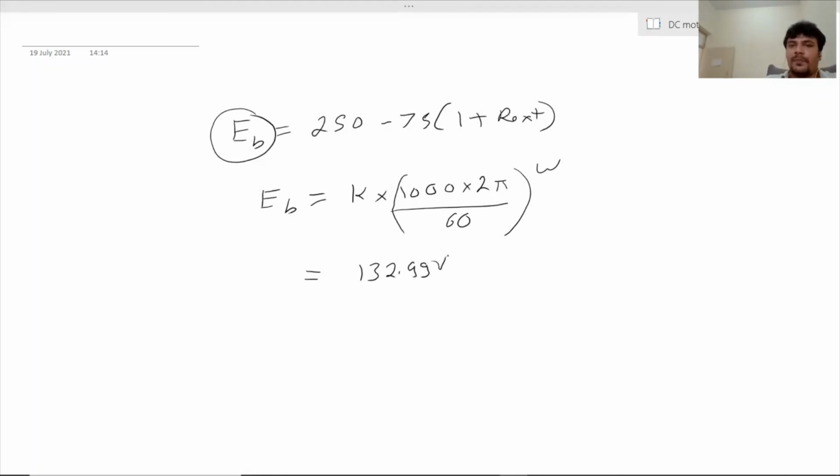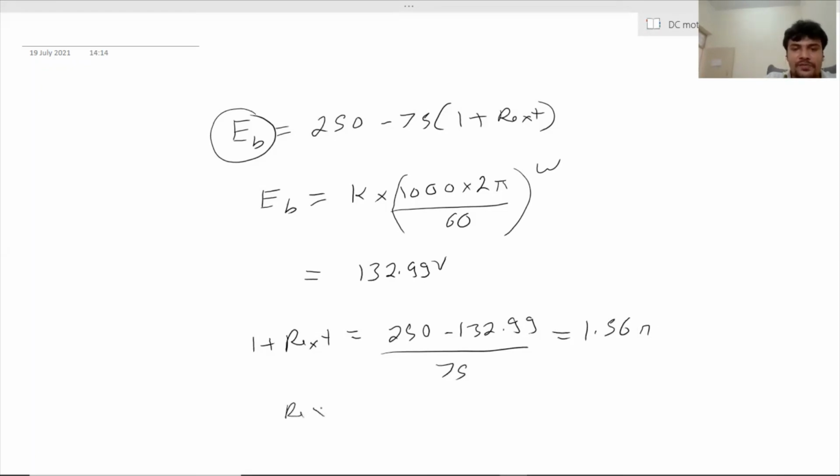Okay. So again putting this value, 1 plus R external will be equal to 250 minus 132.99 divided by 75. So it will come out to be 1.56 ohm.